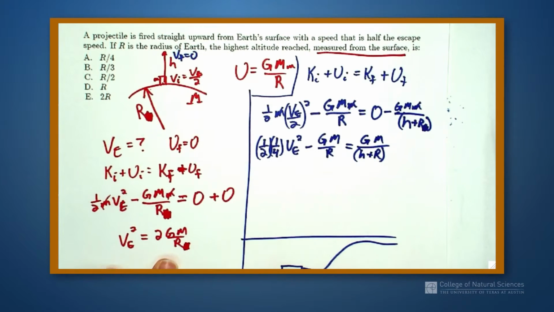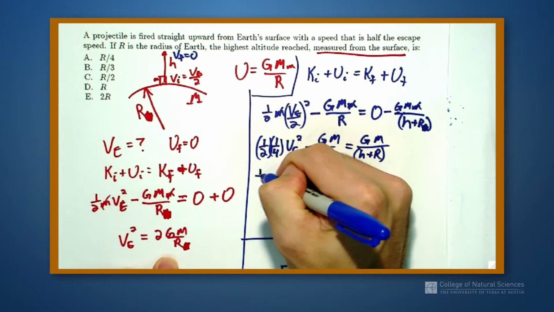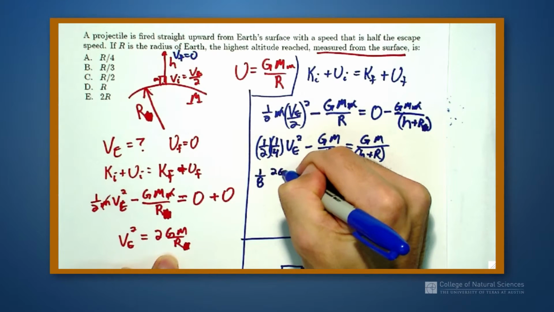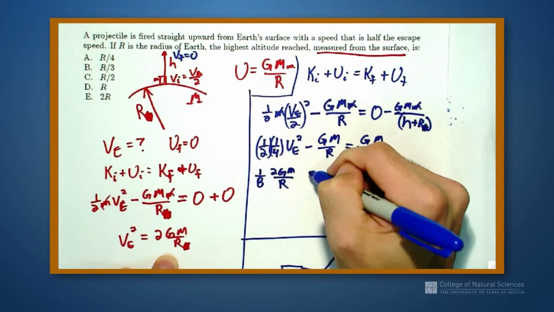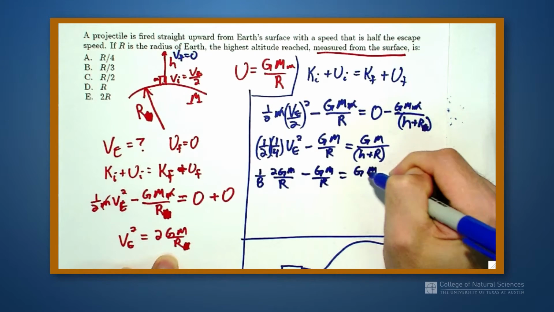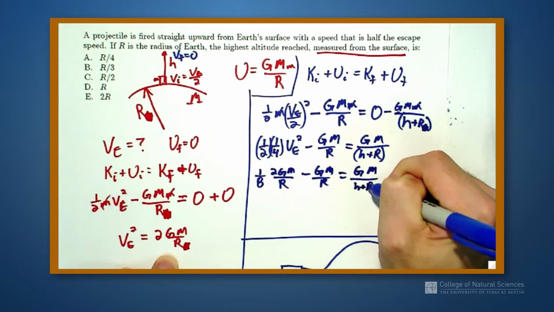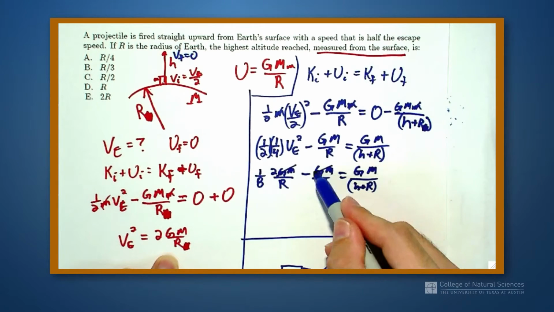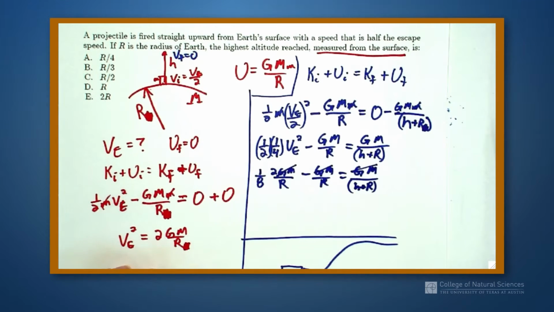I have it here, so I get 1/8, these two values together, times 2GM over R, minus GM over R is equal to GM over H plus R. That's a factor of GM, that's a factor of GM, and that's a factor of GM. So my gravity and my mass of the Earth actually drop out.